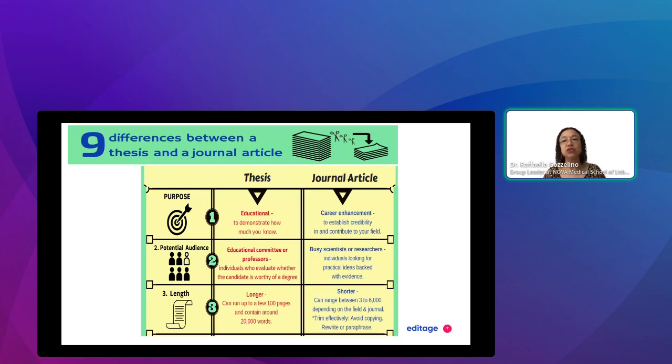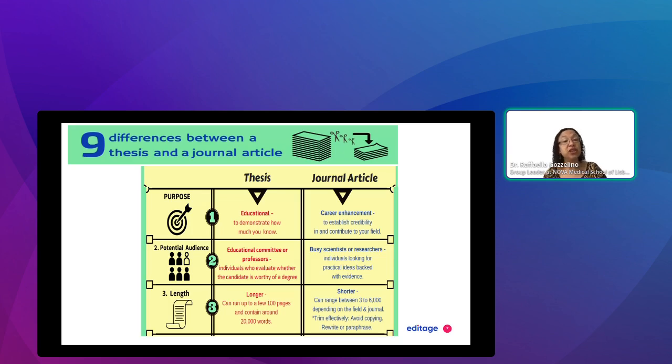It also allows you to develop your career, because as scientists we are evaluated on how many articles we produce throughout our career. So journal articles are very important for scientists also to establish credibility within the scientific community and to contribute by adding knowledge to a certain research line.